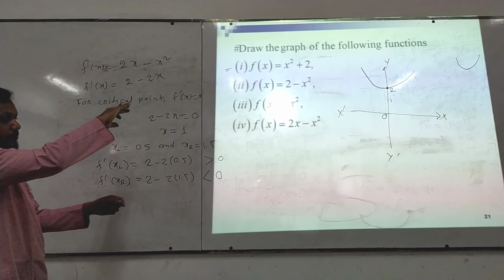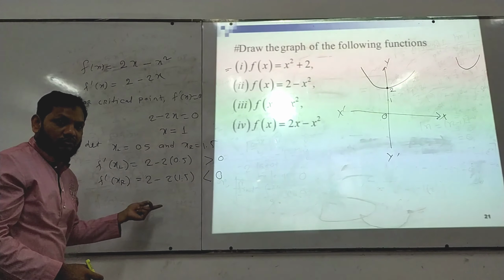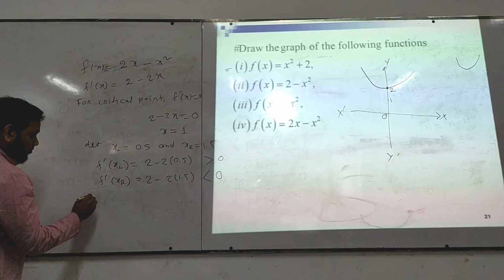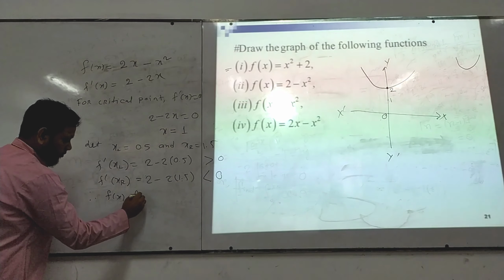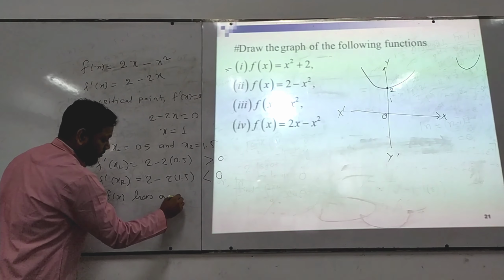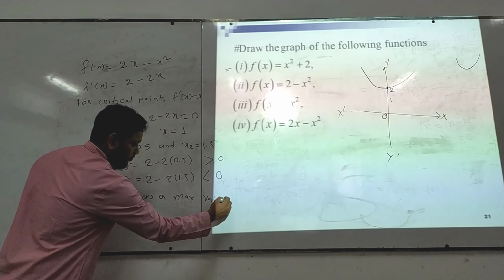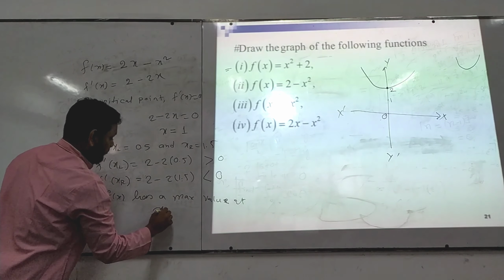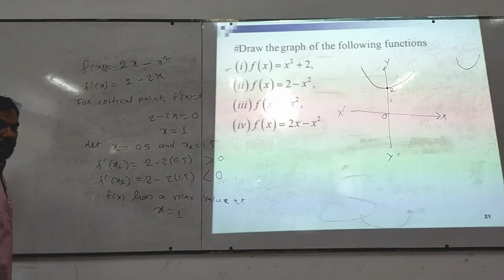So positive, negative. Is that the maximum or minimum one? Maximum. Therefore, f of x has the maximum value at x equals to 1. What is the max value?